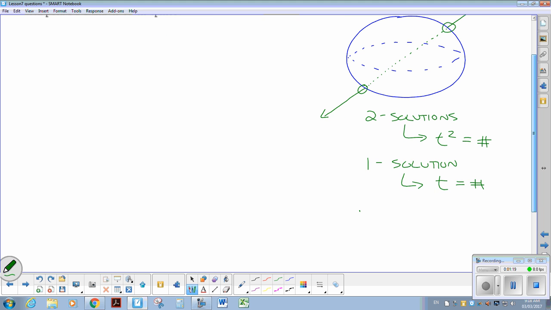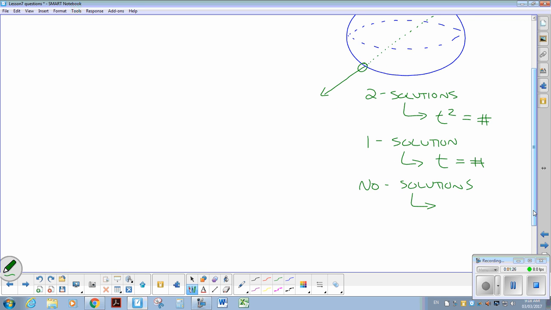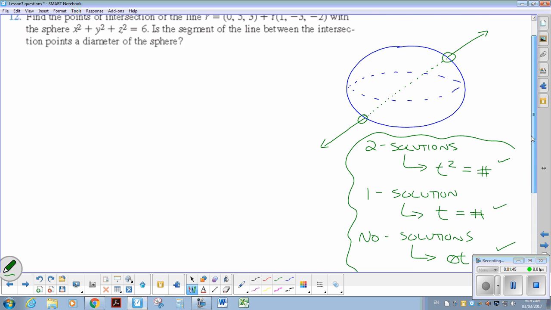And if it is no solutions, we would end up with 0t equals a number. So that would tell us intersects twice, intersects once, grazes it tangentially, or they're skew. So just something to keep in mind. That's what I've got in the back of my head when I go to interpret my solution.